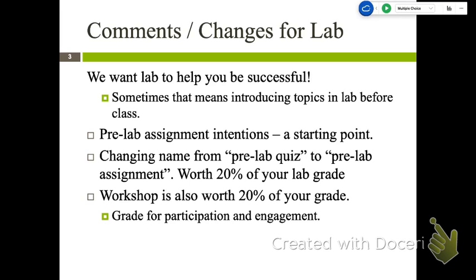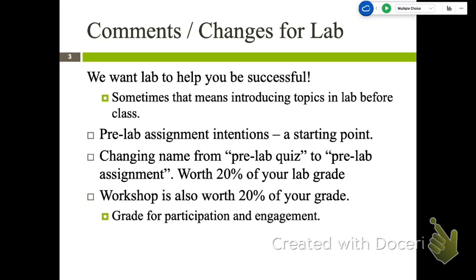What we're going to do by the end of this week is upload your workshop grade into the lab grade. I know a lot of people are concerned because their lab grade looks lower than they think they are capable of earning. And so this will help bring it to a point where it is probably more in line with what you think. But it's not going to wipe out anything that's been done in the past.